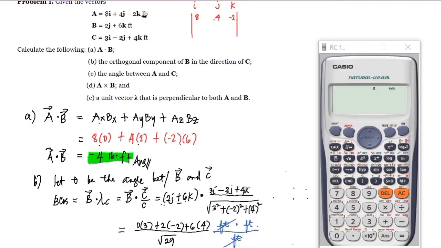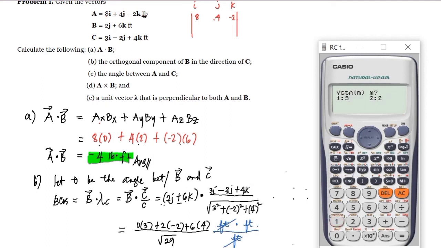What if we are going to make use of the calculator in order for us to solve for this? So for the calculator techniques for computing the vector, what we are going to do is to set our calculator in vector mode, so that's mode 8. And we are going to enter the values of the vectors here. So for vector A, press 1.